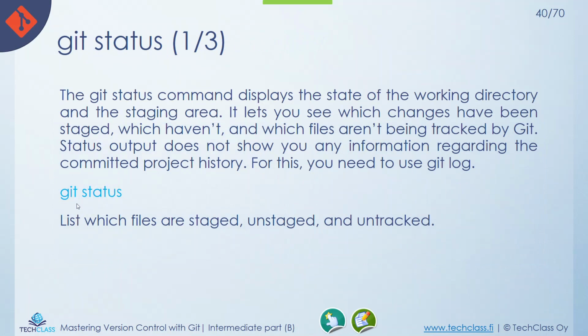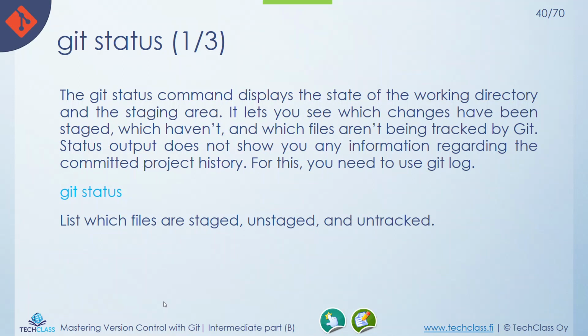So we have a very nice command to use, which is git status. It gives you information about the state of the working directory and the staging area. It tells you what file has been added as a new file, what the changes of those files are, what has been committed, and this kind of information.